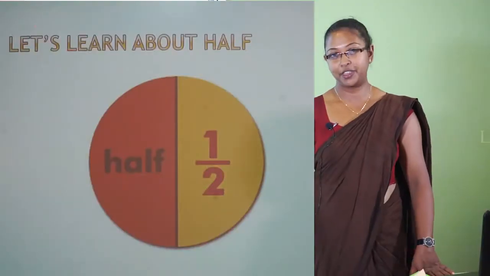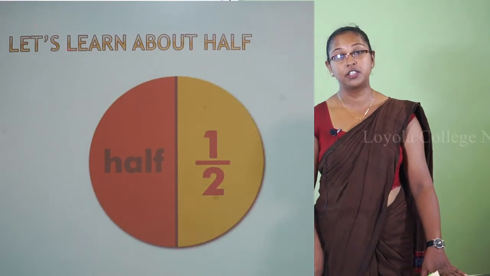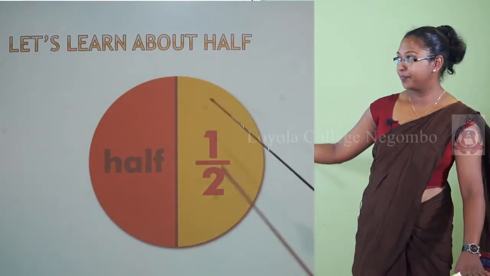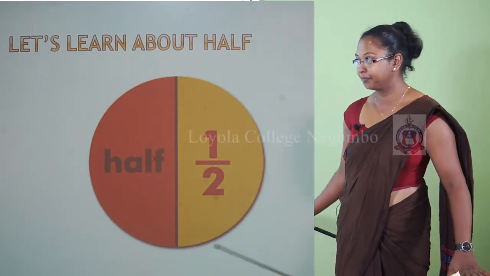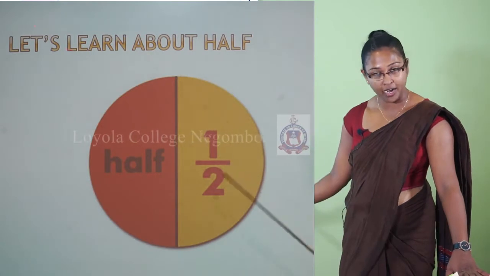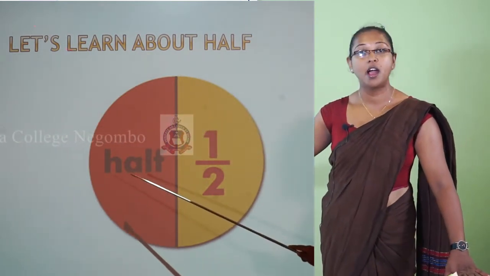Okay, I showed you how to separate shapes and also things into halves. Look at the board now. Here's a circle and it is divided into two equal parts. So one part is called half.